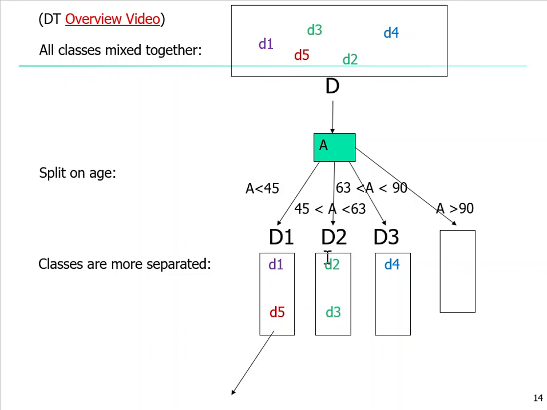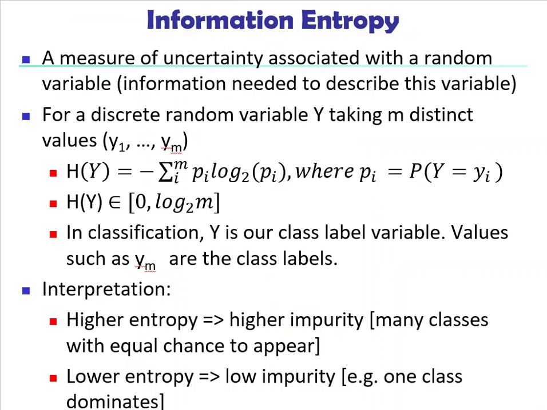Therefore, we need a way to measure the pureness of a node when it's holding multiple observations. In order to do that, the pureness measurement, or the opposite way of saying it, how messy a node is, can be measured using information entropy.